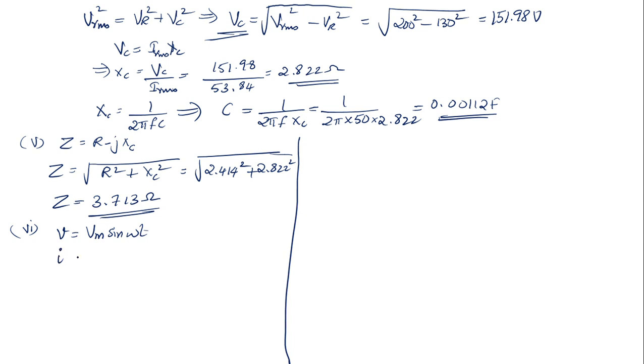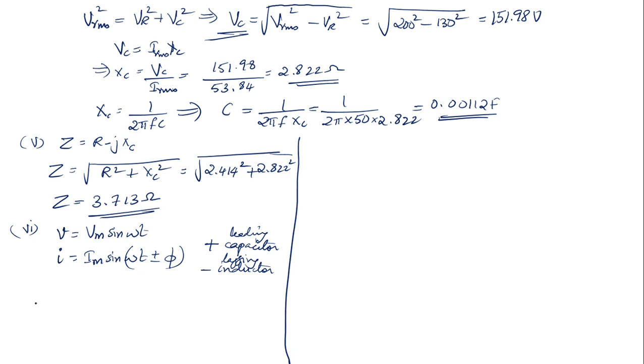And the general equation for current is I is equal to Im sine omega t plus or minus phi. You give the positive sign if you have a capacitor in your circuit, and a negative sign if it has an inductor, or in other words, positive if the current is leading and negative if it is lagging.